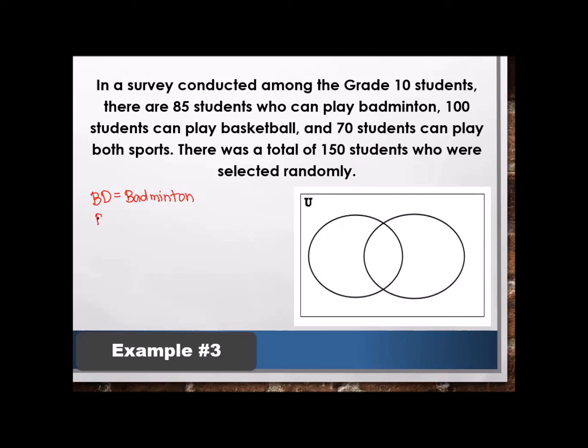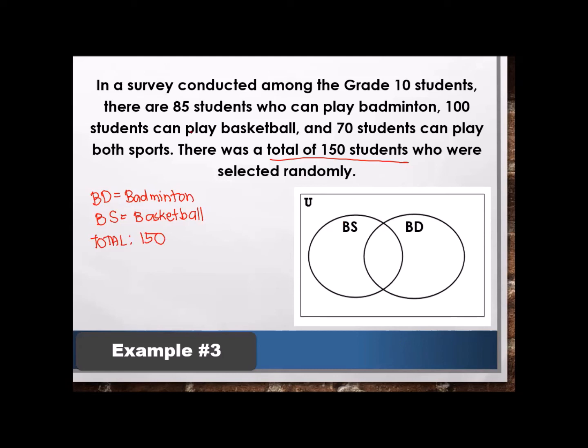Tapos, si BS ang gagawin nating basketball. Okay po. So, kailangan may label tayo. Ngayon, ang total number of students ay 150. So, dapat ang mga numbers na nasa loob ay 150.